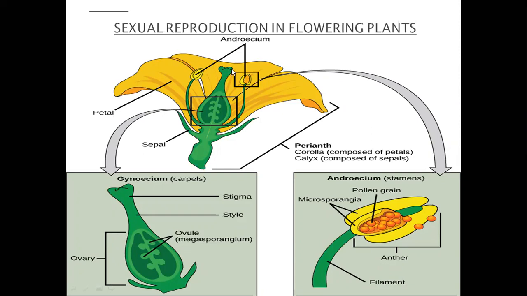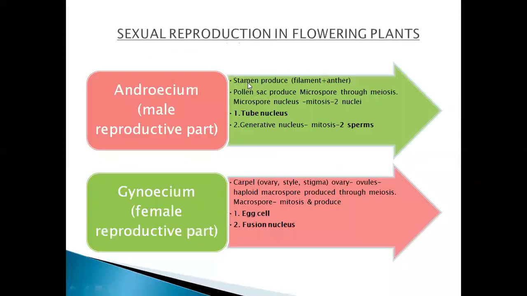Now you have seen the movement of pollen grains towards the stigma. Yes, this is the stigma. It's called pollination. Now what happens next after pollination? If we talk about the pollen grain, it has two structures. Remember, the tube nucleus and two sperm cells. What is the function of these two things?